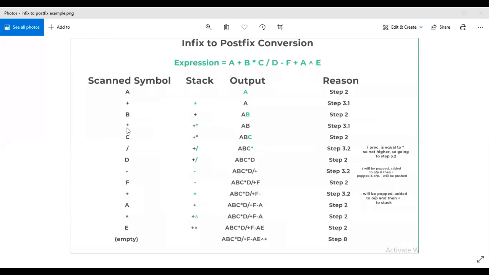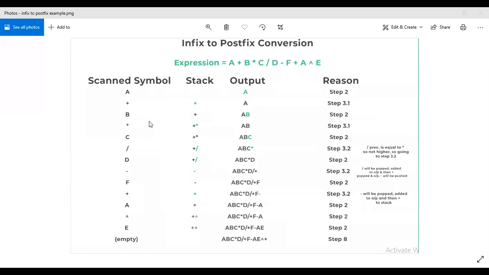In the stack, plus is there. I have to compare that plus with star. Since star has more preference than plus, I will push it onto the stack.